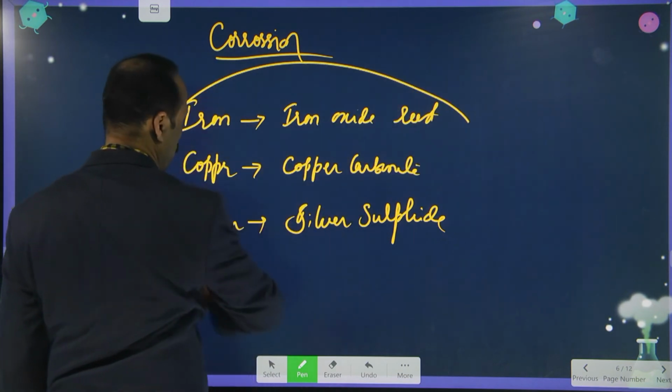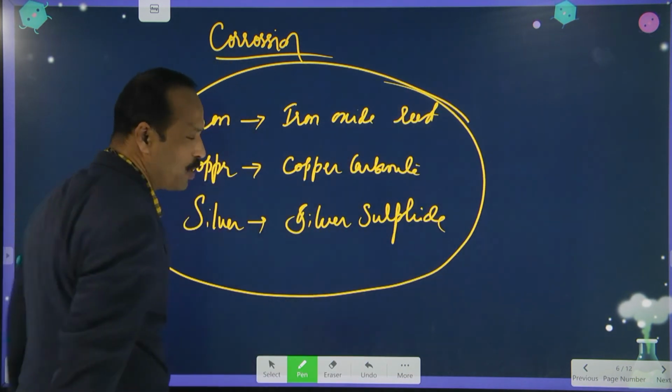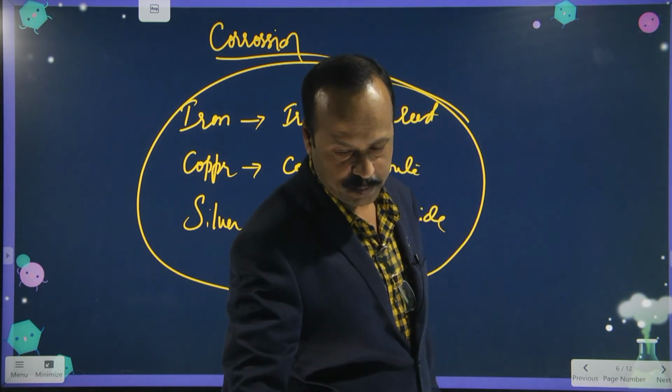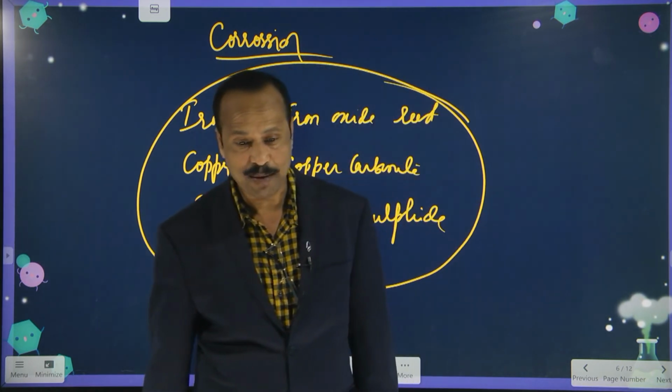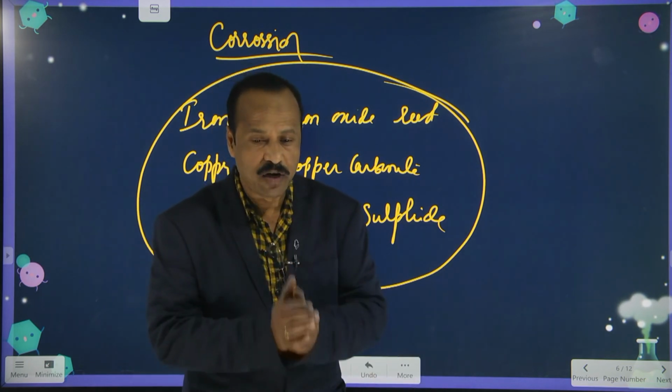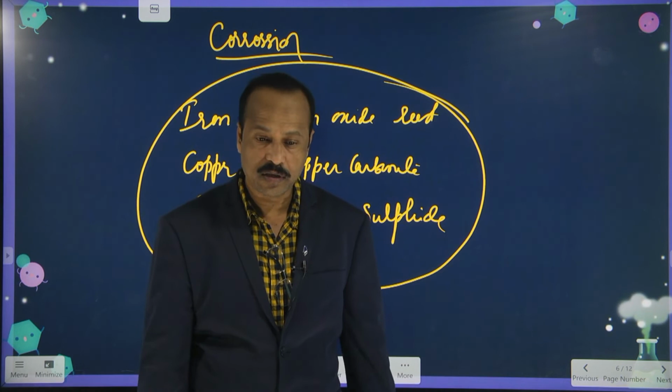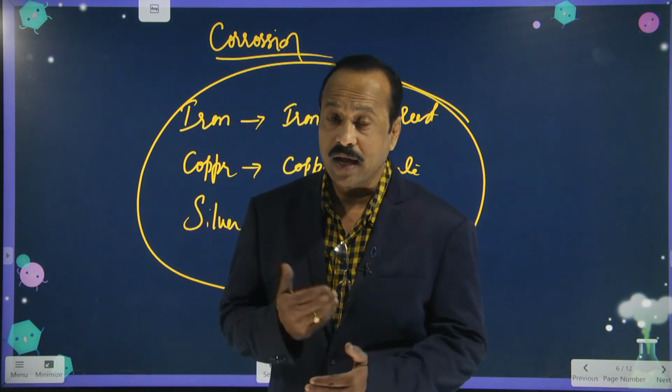But when they corrode, what happens? The metals get spoiled, which means damaged. Its strength is lost and it loses its mass. So they have many bad effects.